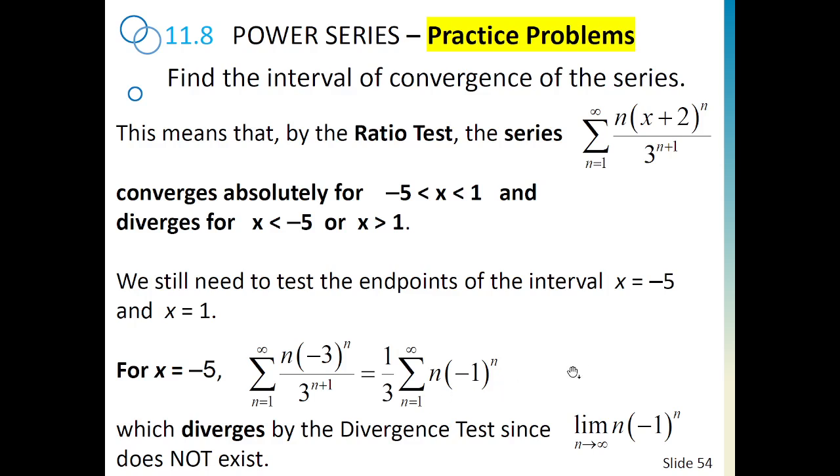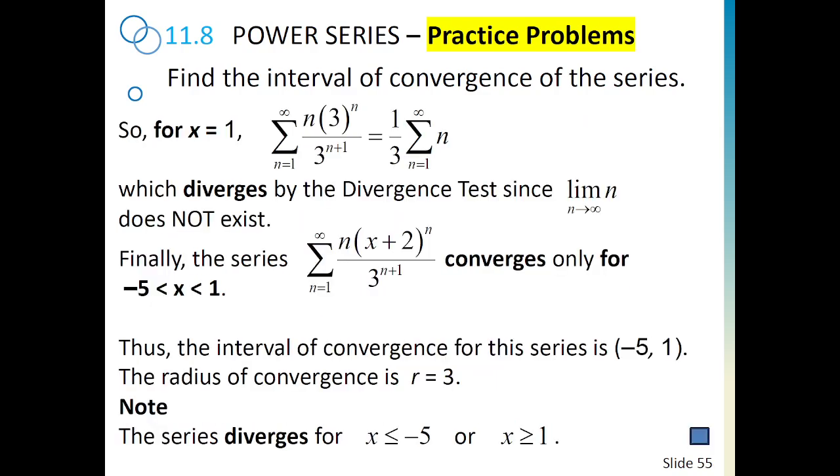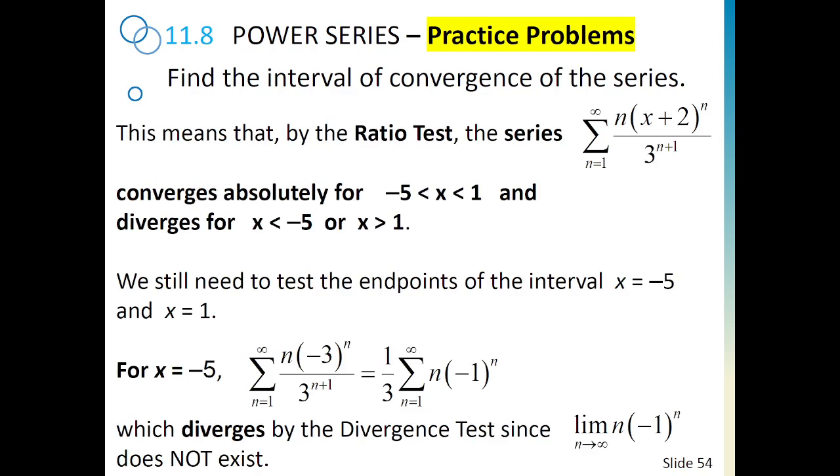So by the divergence test, I can conclude that this series is divergent because the general term is not going to 0. Okay, so -5 is not part of our interval of convergence.